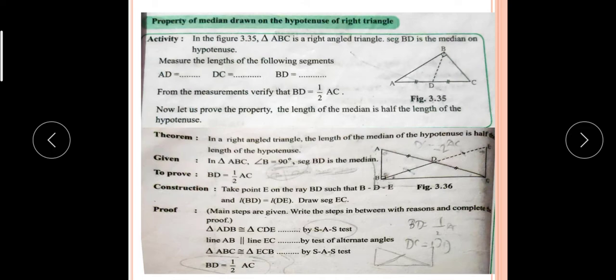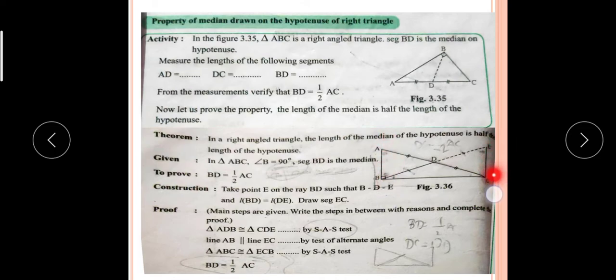If they are congruent, then AB is equal to CE, and angle ABD is also equal to which angle? Angle CED. Now this angle is equal to this angle. They are alternate interior angles, and therefore they are congruent, and by the test of alternate interior angle, AB is parallel to EC.